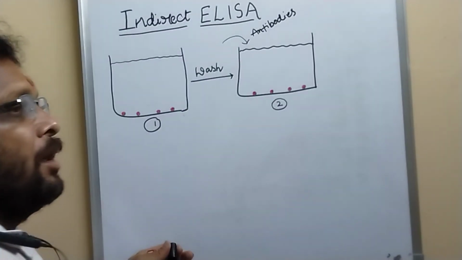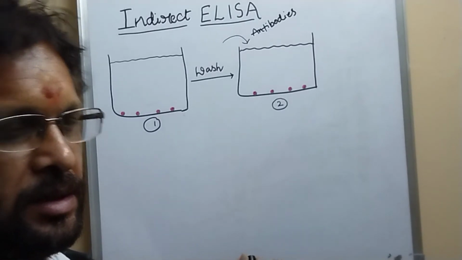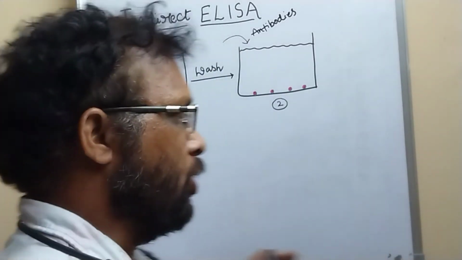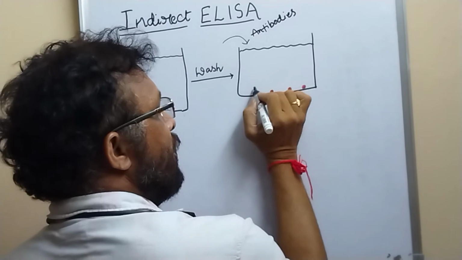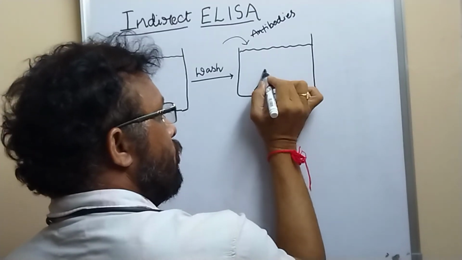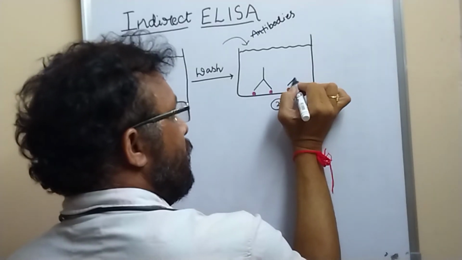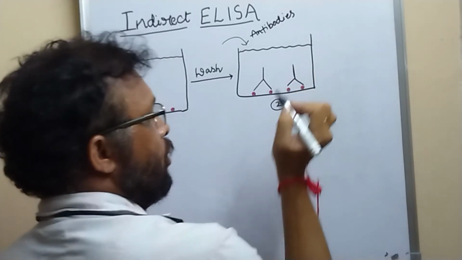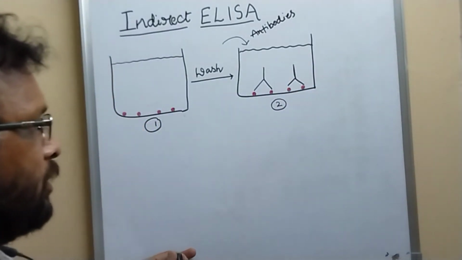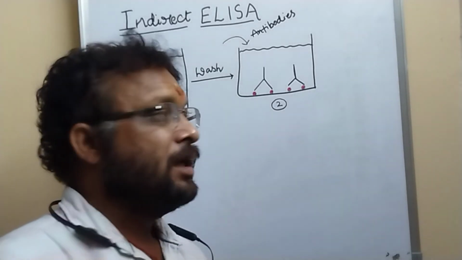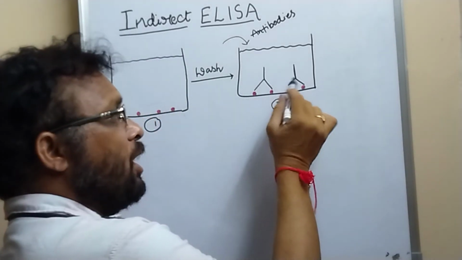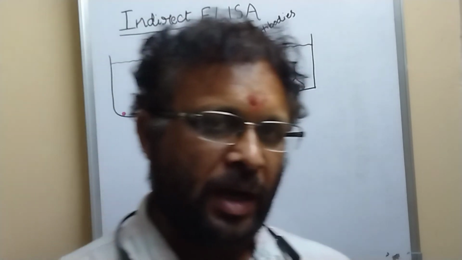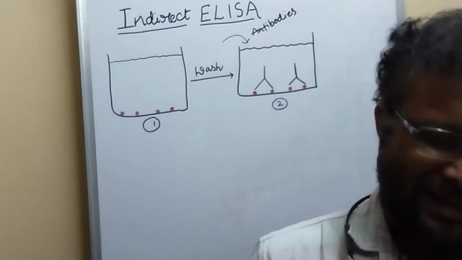These are the primary antibodies. When we add the antibodies, they will bind to the antigens, forming antigen antibody complexes.